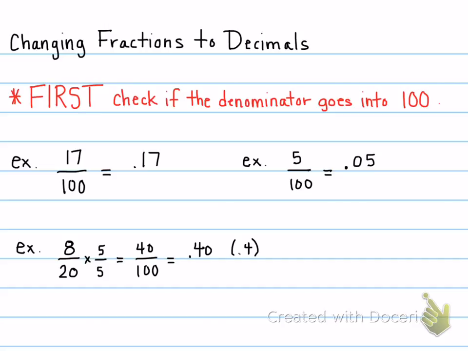So like I said, the first thing you should do is check if the denominator goes into 100, and if it does, change it to 100 and then just write the decimal from there.